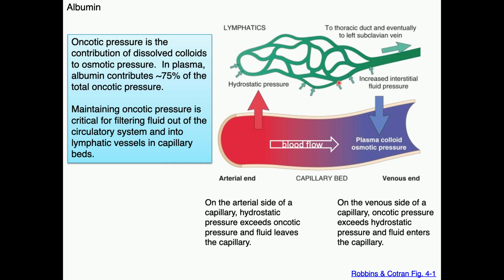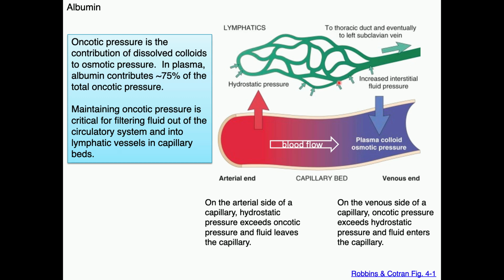Okay, so in a normal situation, in a healthy person, that oncotic pressure is going to be remaining fairly constant throughout the capillary, but at the arterial end, the hydrostatic pressure is going to be exceeding the oncotic pressure. So you're going to get liquid leaving the blood vessel and entering into the interstitial fluid. And then at the venous side, the hydrostatic pressure is lower than the oncotic pressure, so you get fluid returning back into the blood vessel.